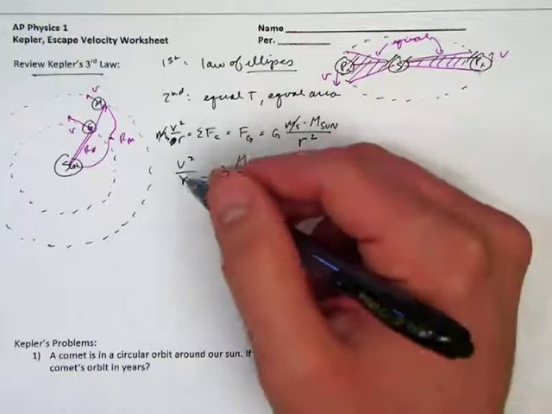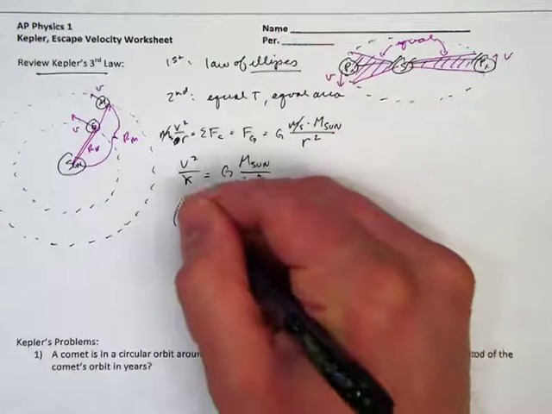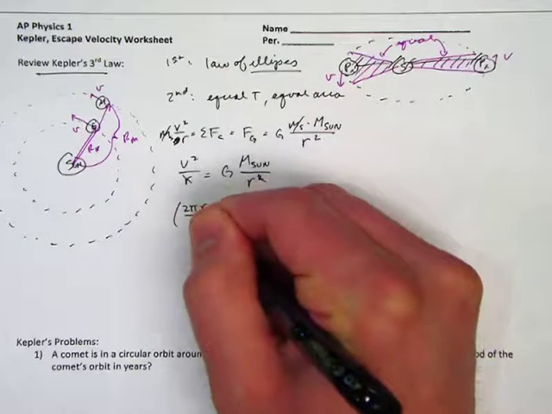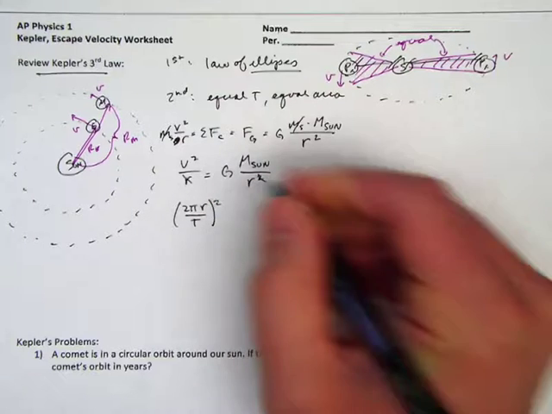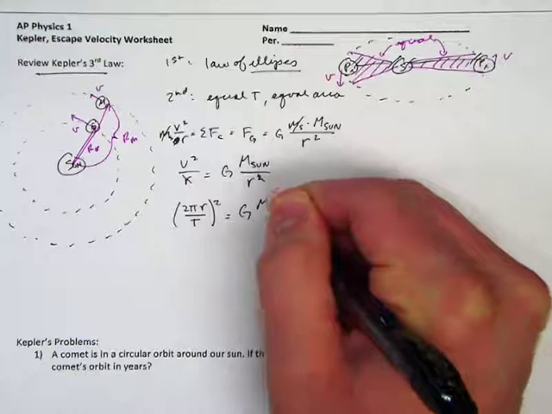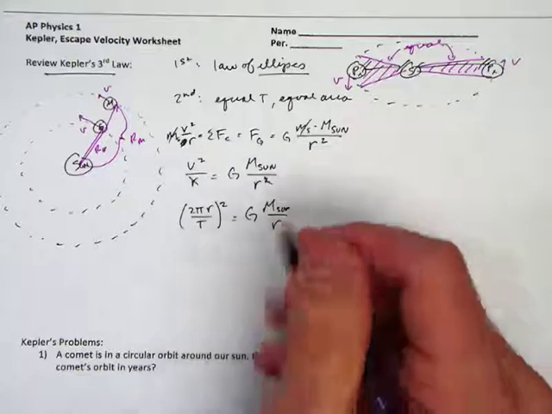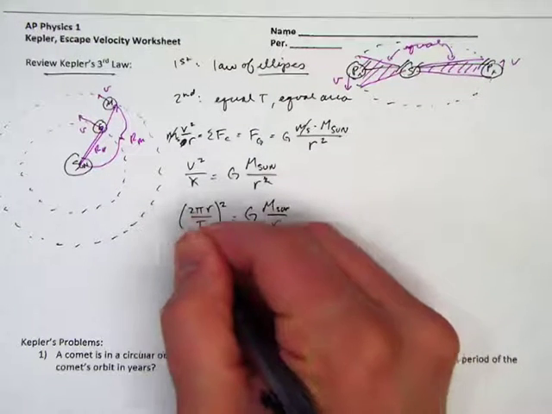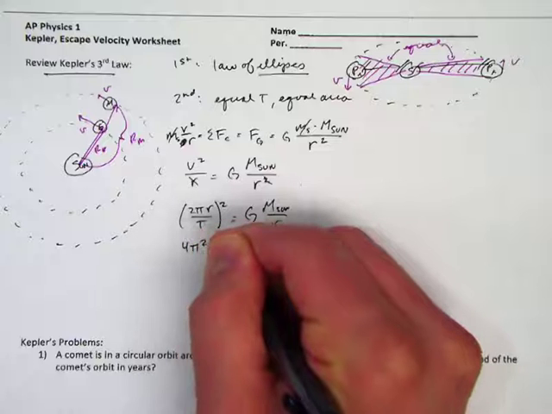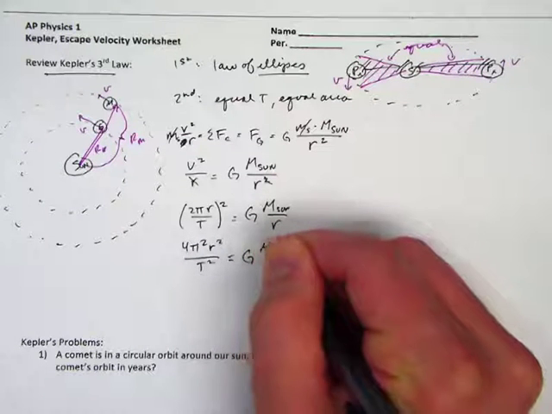We know the orbital speed, or the linear speed of an orbit, is just 2 pi the radius over the period. Okay, and if we simplify this, we'll square this, so 4 pi squared r squared over T squared equals G mass of the sun over r.